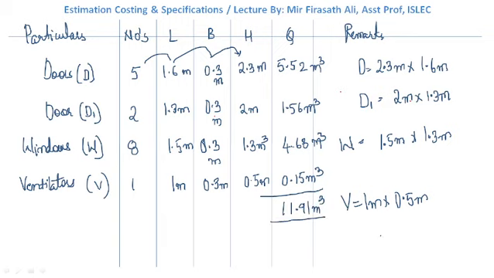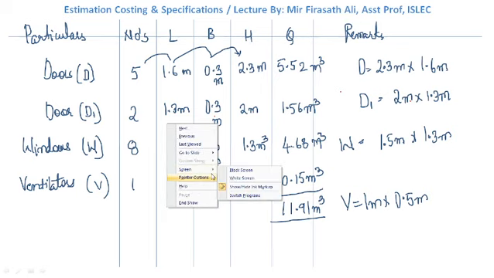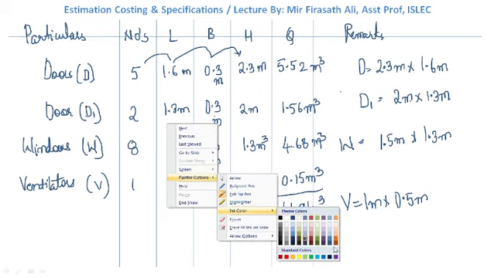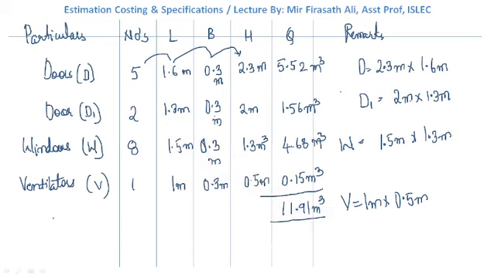So, this is nothing but the deductions. How do we get the net value for the superstructure?